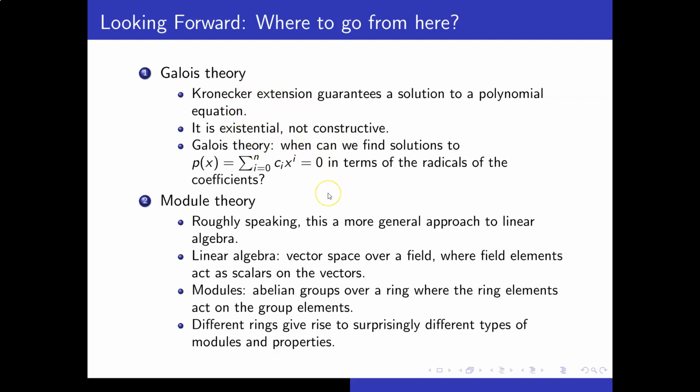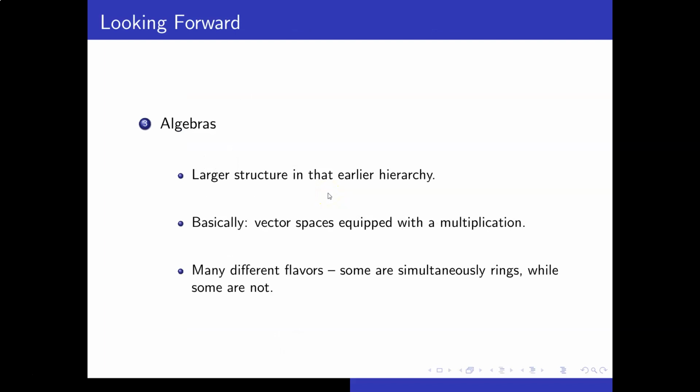But what we're going to do is continue on that hierarchy. You start with groups, you go up to rings, you go up to fields. What comes next? What comes next is what's called an algebra. Now, algebras are very broadly defined, as we shall see, much like rings. Very basically, you could say that an algebra is a vector space that's also got a multiplication on it.